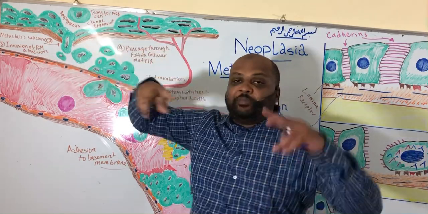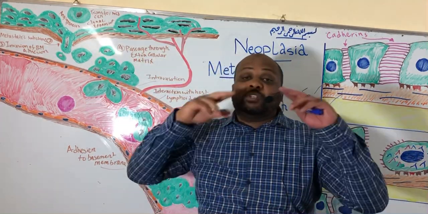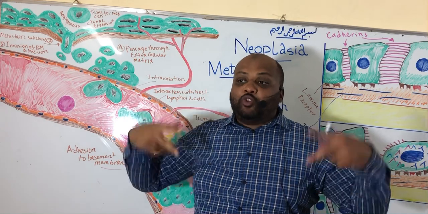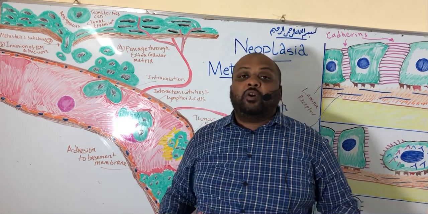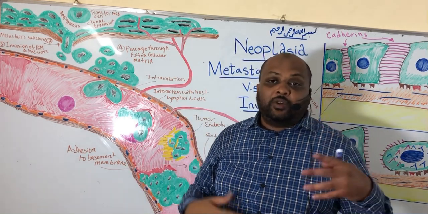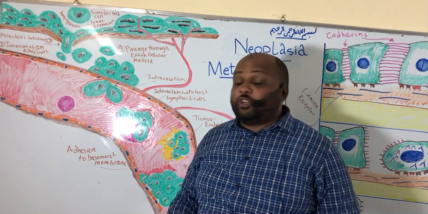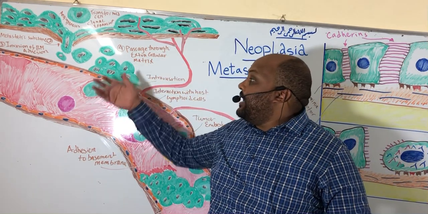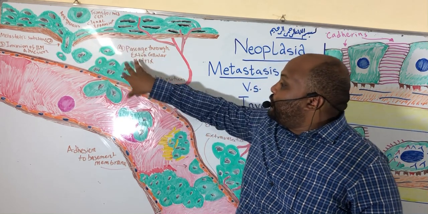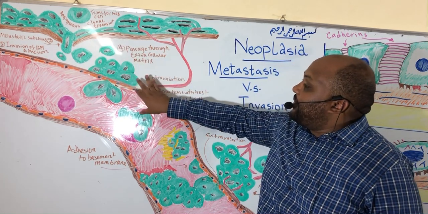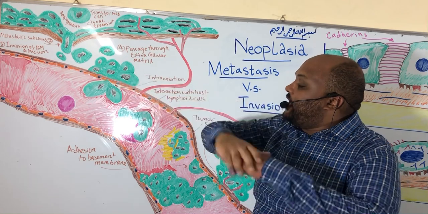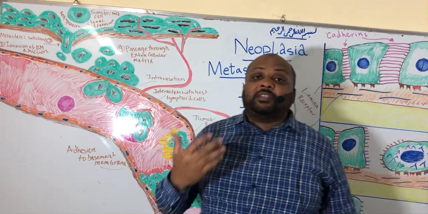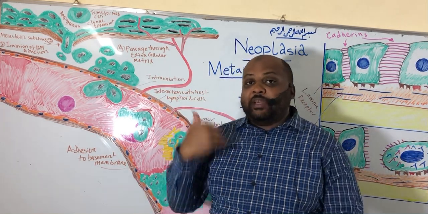Then it will use metalloproteinases, it will use anticollagenases to break down those structural components that make the basement membrane. Then they will travel through the extracellular matrix connective tissue and will adhere to the blood vessel basement membrane from the outside.